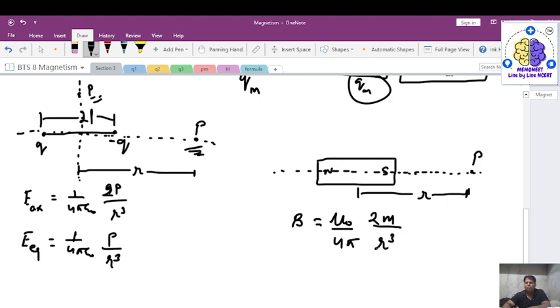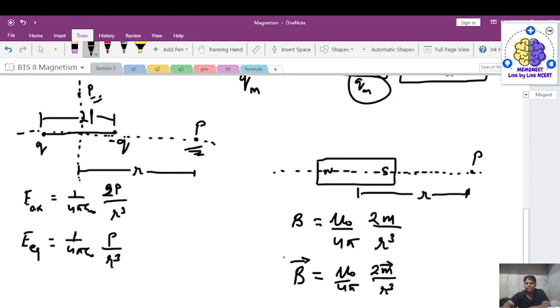To know the direction, I'll write this in vector form: B vector equals mu naught upon 4 pi into 2 m vector upon r cube.